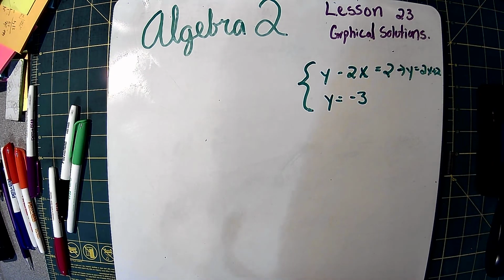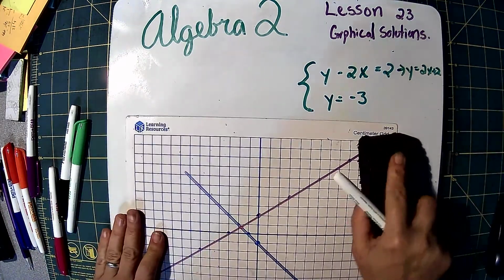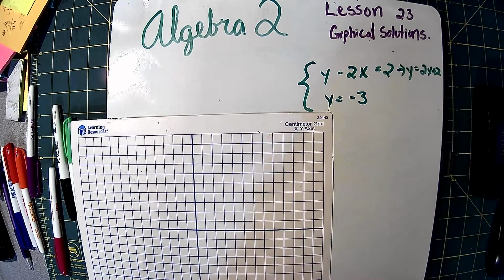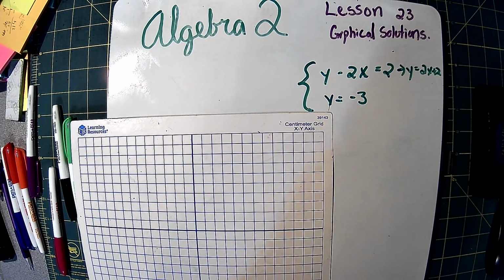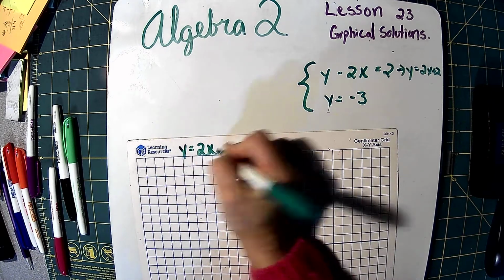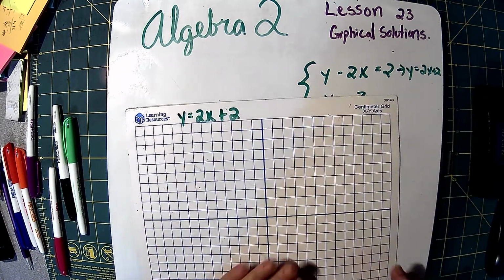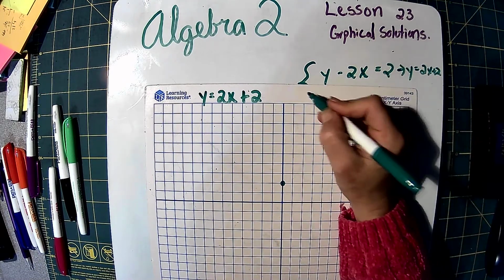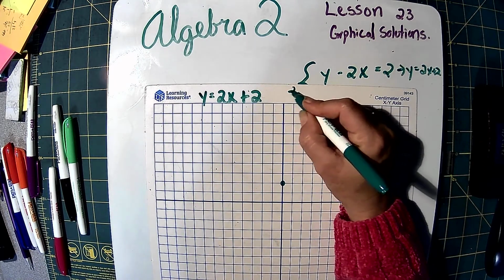All right, so we're going to graph those. So this first one, y equals 2x plus 2. We're going to go up 2, and then 2x will be our slope of 2 over 1.